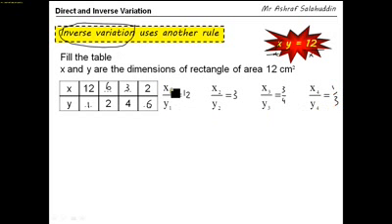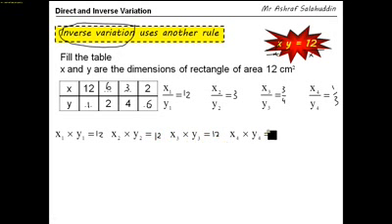So the inverse variation hasn't the same rule as the direct variation, because x1 over y1 doesn't equal x2 over y2. But if we find x1 times y1, the answer is 12, and x2 times y2, the answer is 12. x3 times y3, the answer is 12. x4 times y4, the answer is 12.